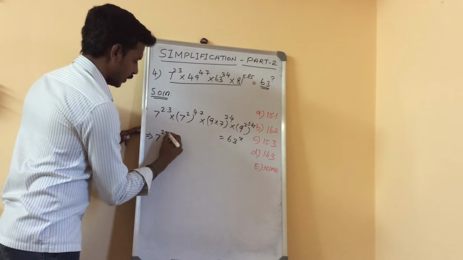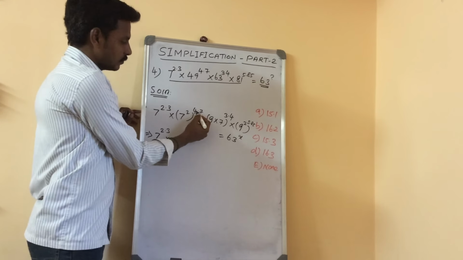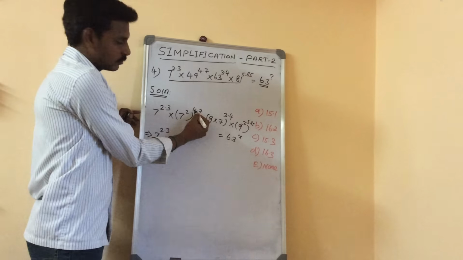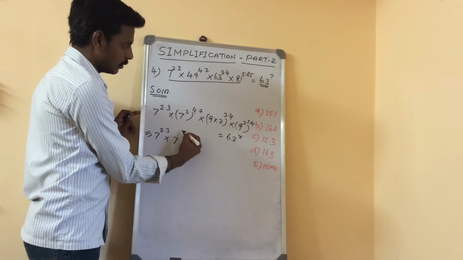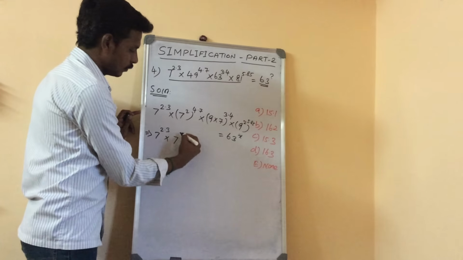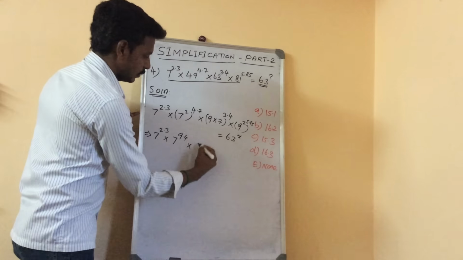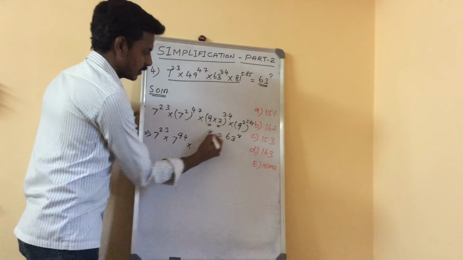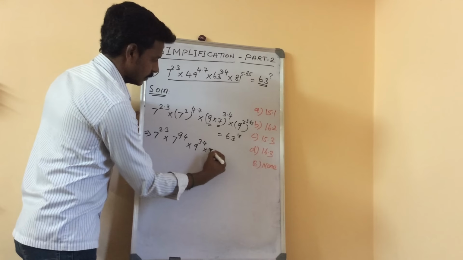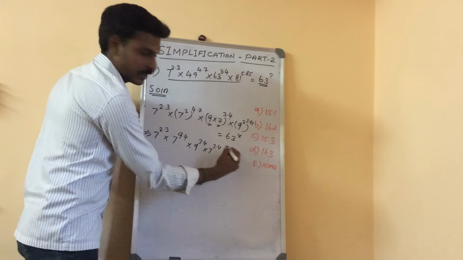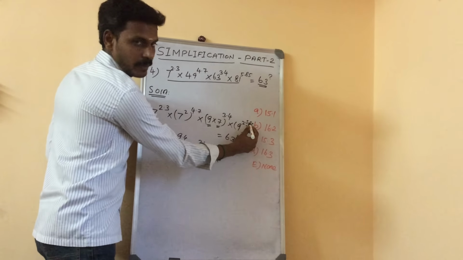Move on to the second step. 7 power 2.3 into 7 power 2 into 4.7, right? So we can take 7 power 2 into 4.7. What will be the answer? 9.4, okay, into, you can take the values separately, okay? So 9 power 3.4 into 7 power 3.4, okay, into 9 power 2 into 5.85, right?